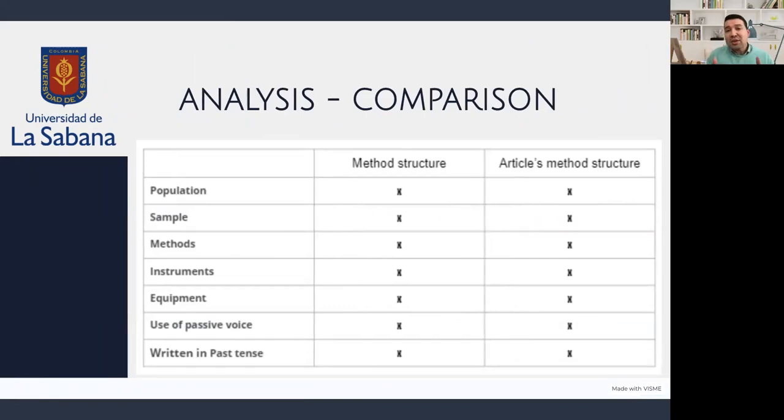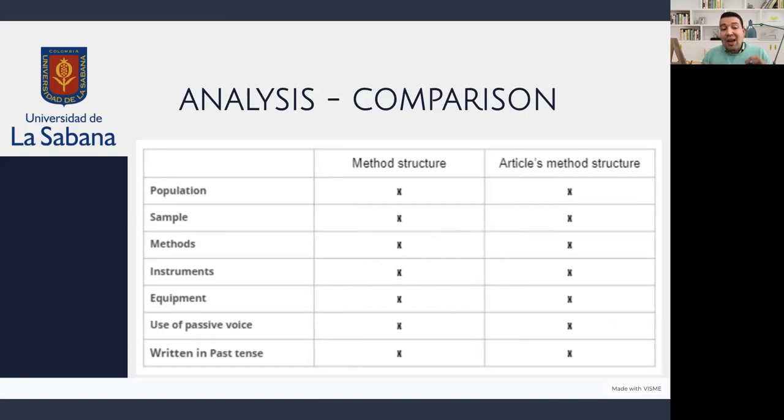Perfect. So according to the definition of what is a method and its purpose, we identified 7 main aspects: population, sample, methods, instruments, equipment, use of passive voice, and use of past tense. After making the comparison between the method foundations and the article's method structure, we find that this article accomplished all these 7 main aspects perfectly.